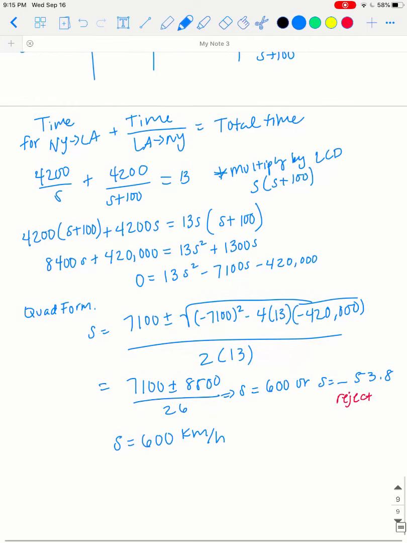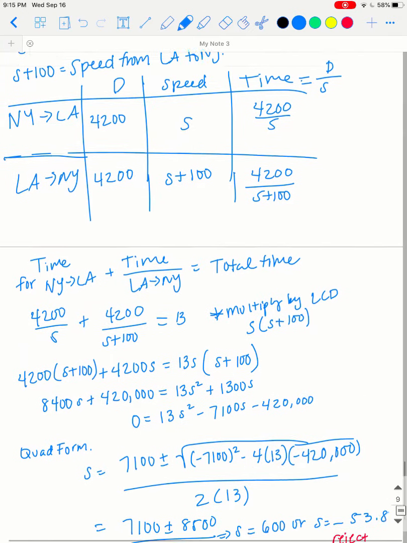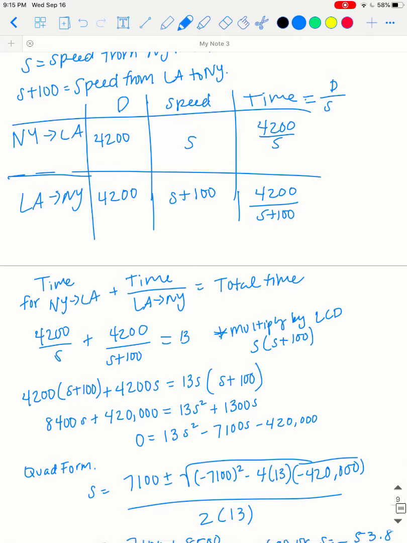So the time for New York to LA plus the time for LA to New York is our total time. We'll use our table to plug in the values: 4,200 over S plus 4,200 over S plus 100.